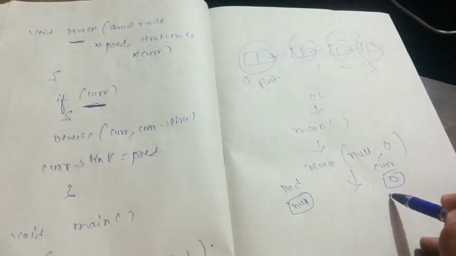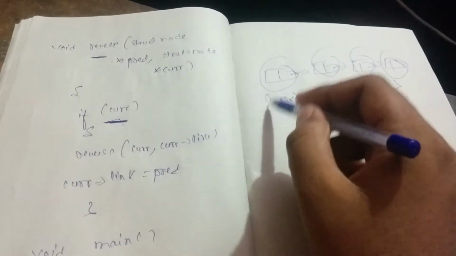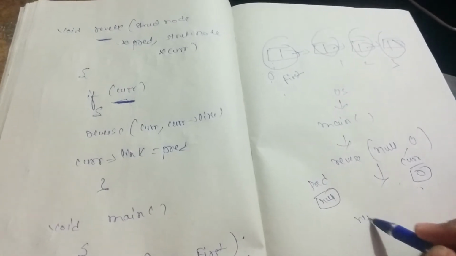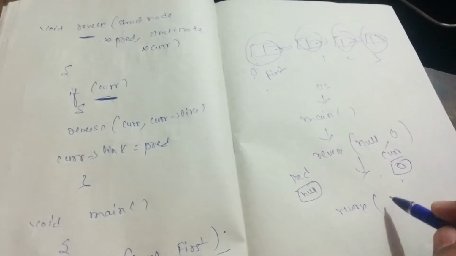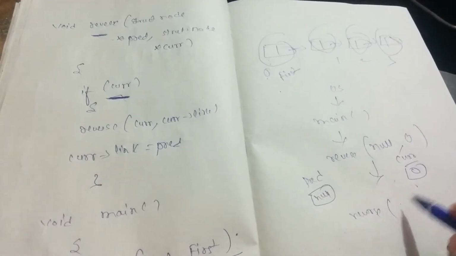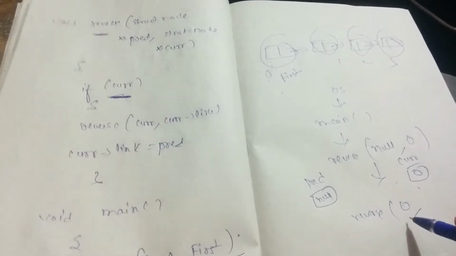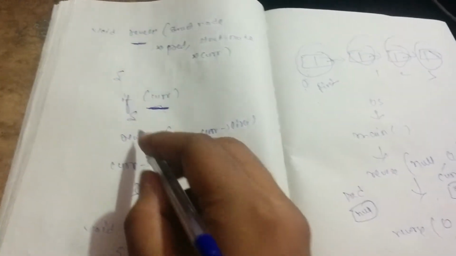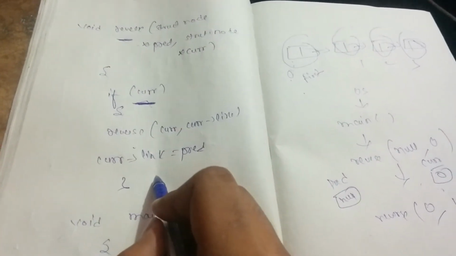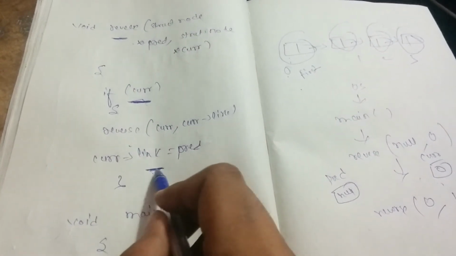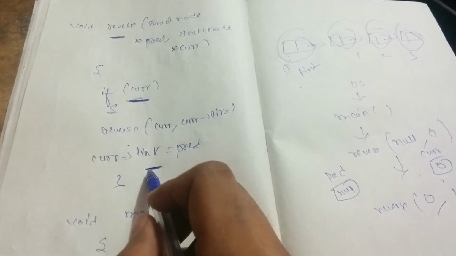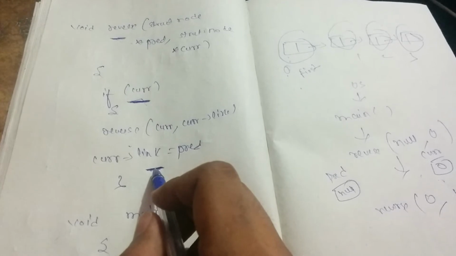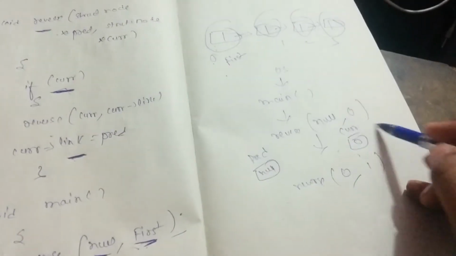When it is still there, what we are going to do is call reverse of current, that is 0, comma current link 1, and along with this we have code for changing the current node link to the predecessor, the previous node.